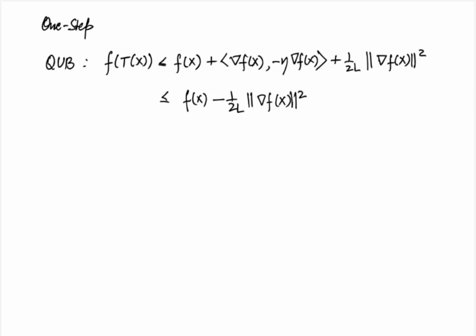So to obtain the first one-step inequality, we will use this property by replacing x with xt plus dt, so that T of x can be replaced with xt plus 1.